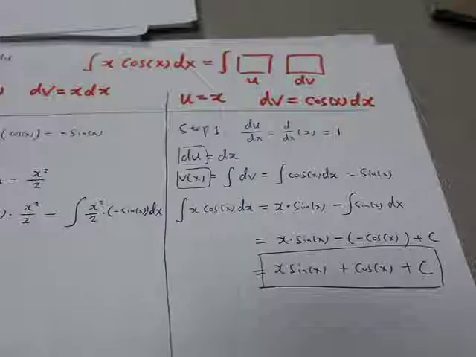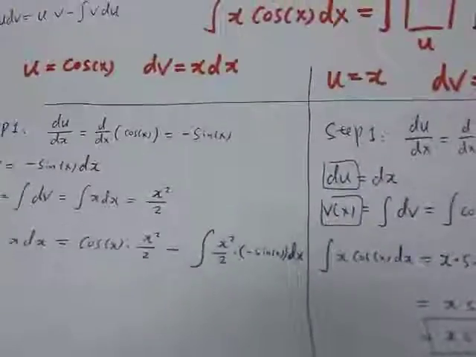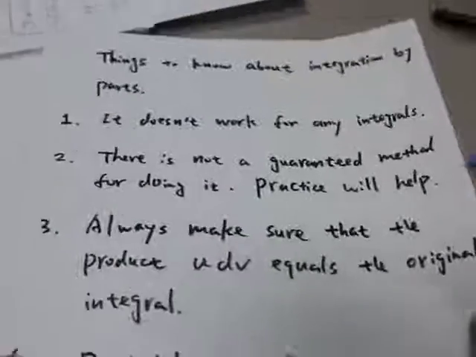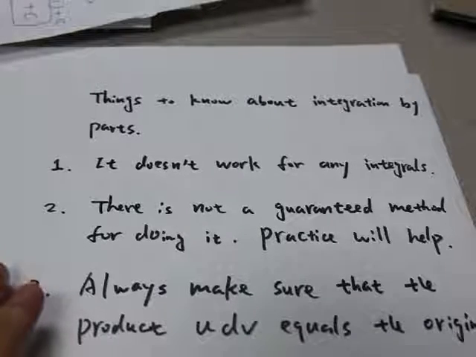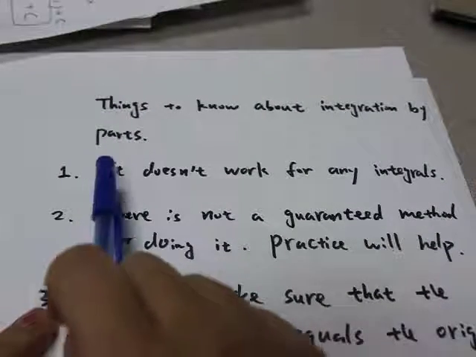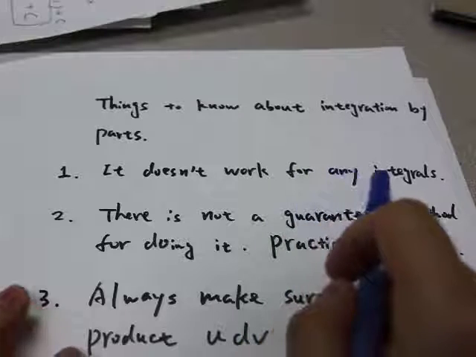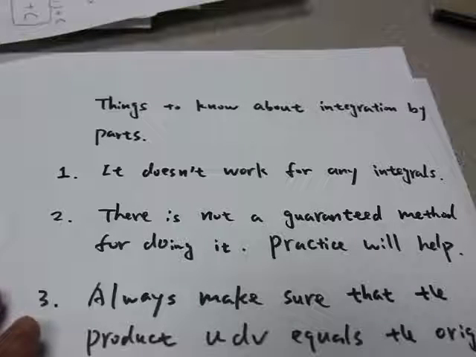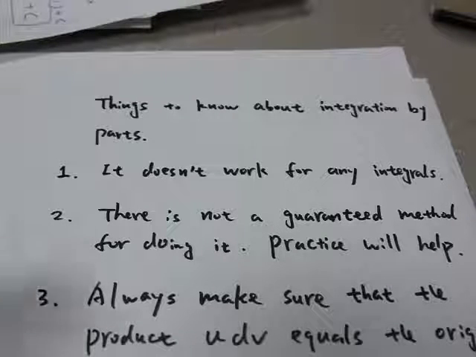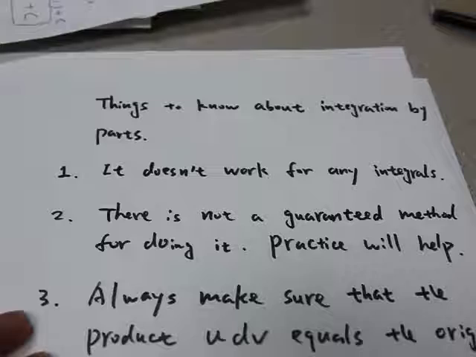Okay, now let me summarize what we should pay attention to when we are doing integration by parts. Just like u substitution, this method doesn't work for every integral. For some types of integrals, we must try different ways.